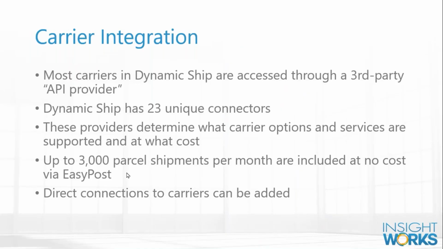If you look at their website, it says they charge $20 a month or whatever. If you're using Dynamic Ship, that fee is waived. So you just sign up through the Dynamic Ship link, and you won't get charged anything.